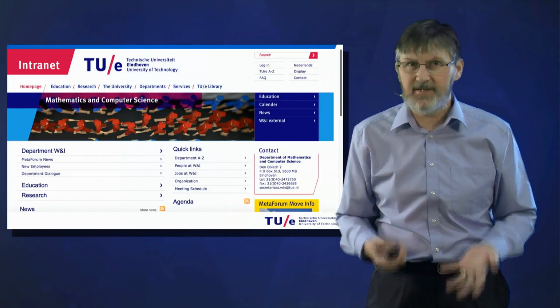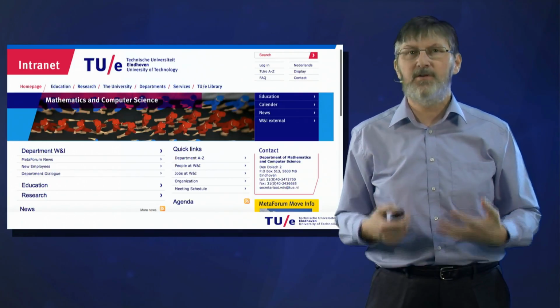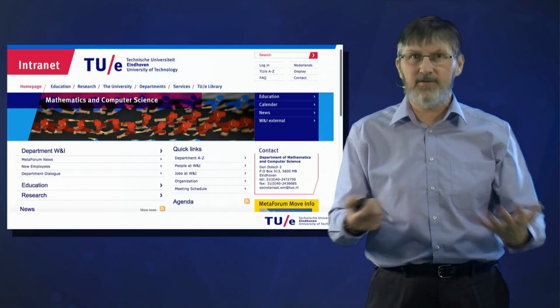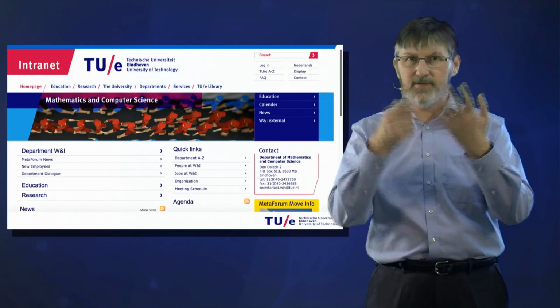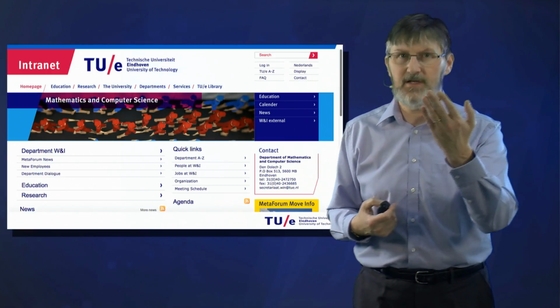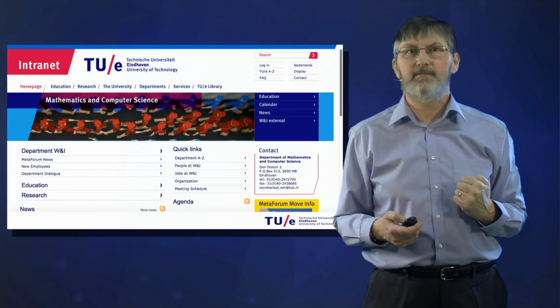The reality is that the TUE website will actually search through the entire university, through all the websites that are part of the TUE intranet, and it ignores my entry point into that website.